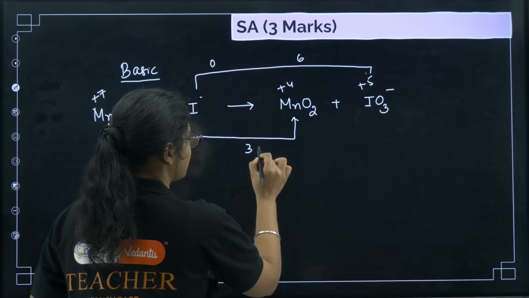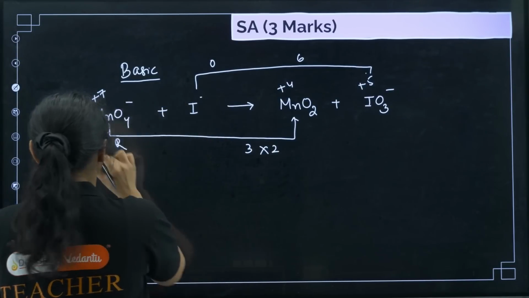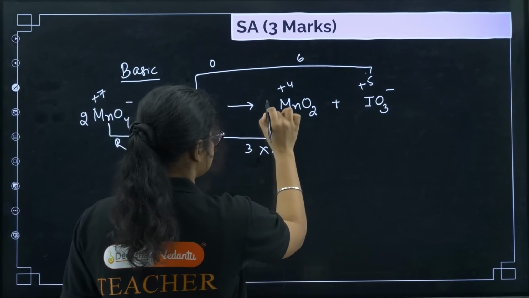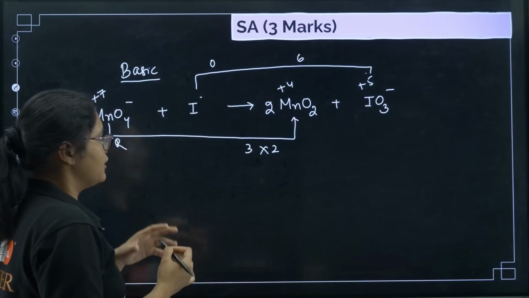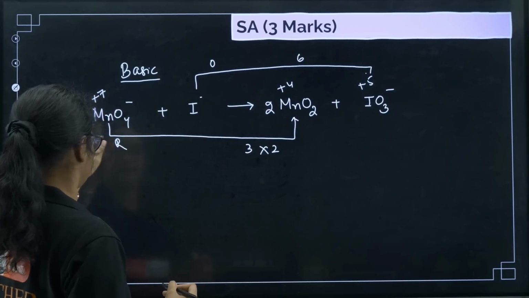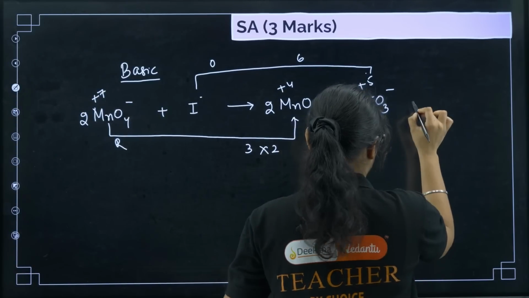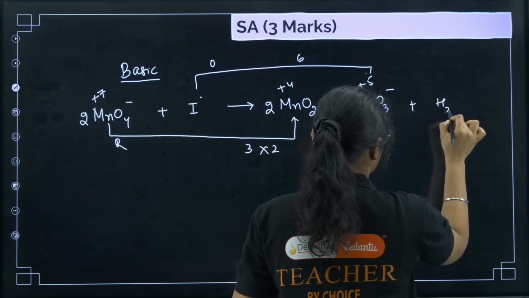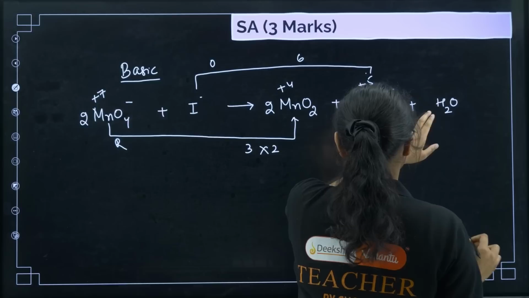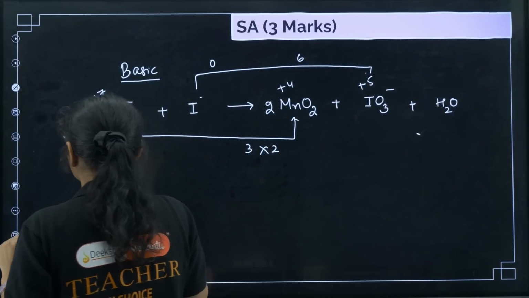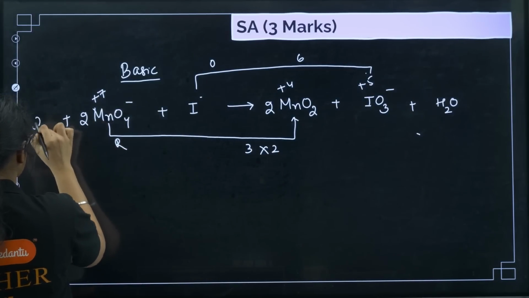Now to balance it, I can multiply this one with 2. So I will get 2MnO4 minus and 2MnO2. Now let's see the number of oxygen here. Here we have 8 oxygen and here we have 7 oxygen. To balance it, I will add one more water. Now if you see here, I have 2H plus, so I will add 2H plus on this side.